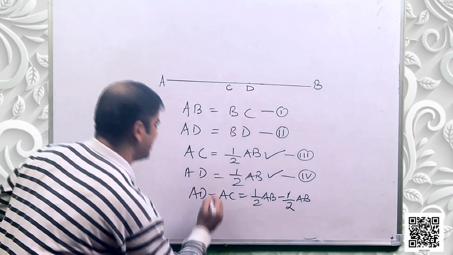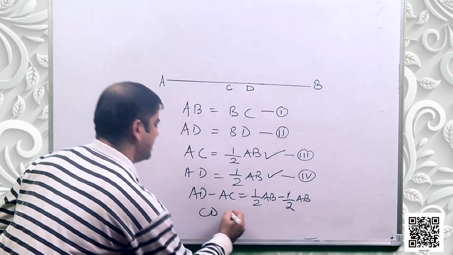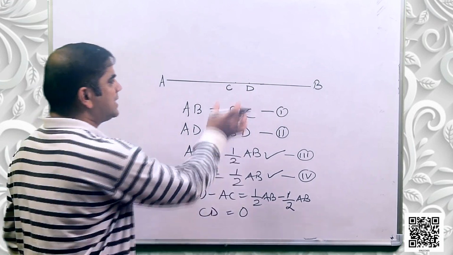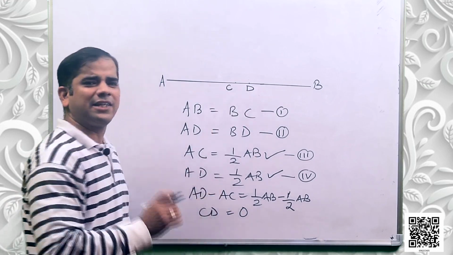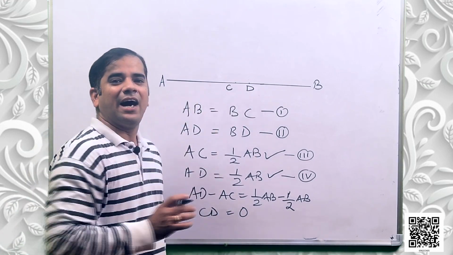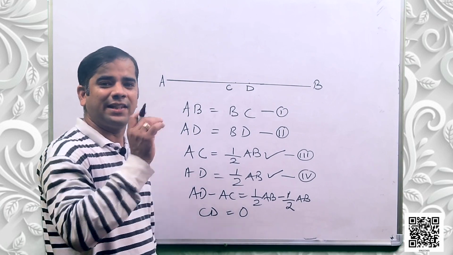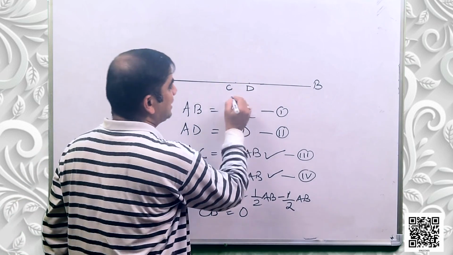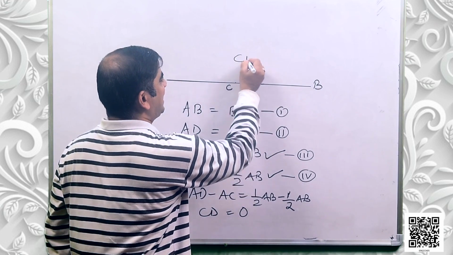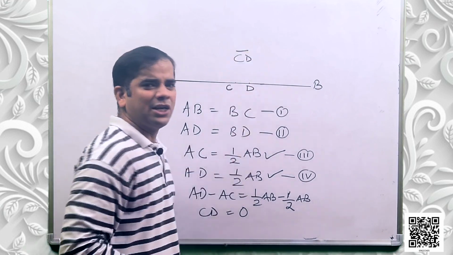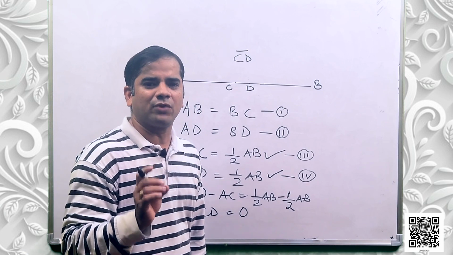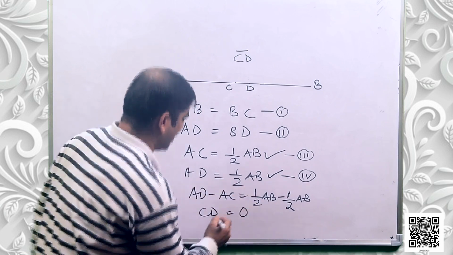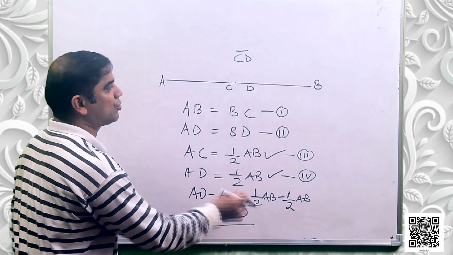So, AD minus AC is equal to CD is equal to 0. What does it mean? CD has no length at all. As per this diagram, CD is a line segment, and a line segment should have some amount of length. But we have proved that CD is equal to 0.